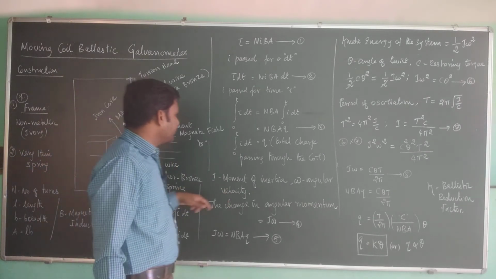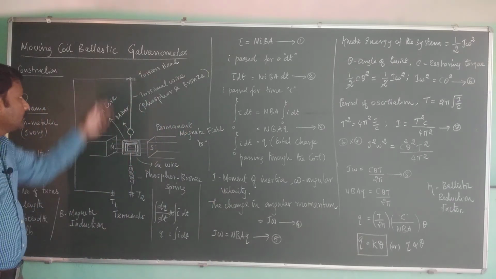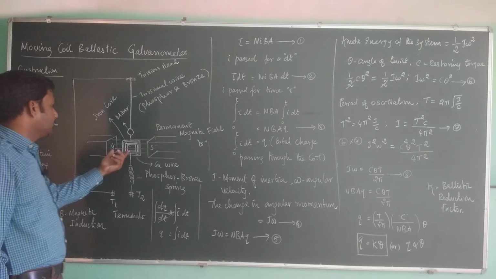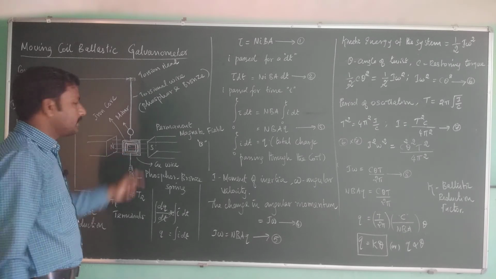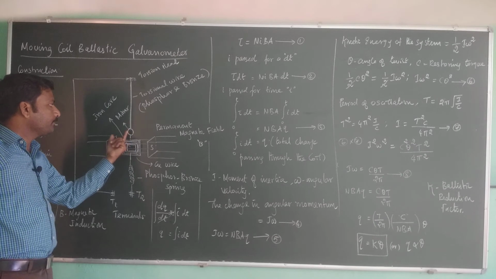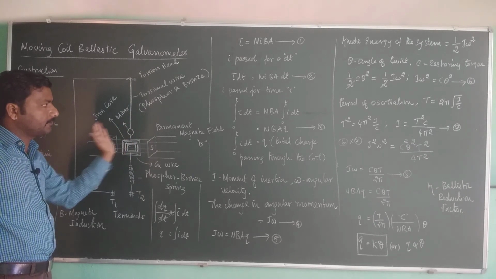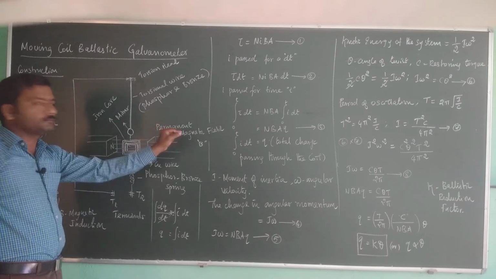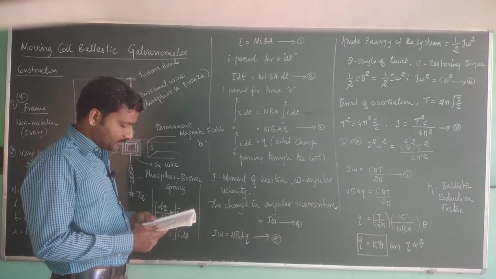That's our target. If I is the moment of inertia and omega is the angular velocity for this throw, the coil is twisted, so the mirror rotates for a momentary time and the reflected light goes for a throw.